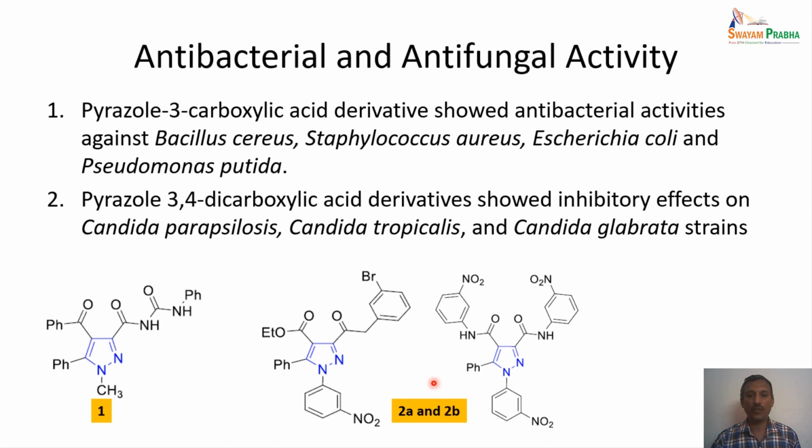The compounds which are 3,4-dicarboxylic acid derivatives, as shown here in 2A and 2B, have the carboxylic acid groups present at the 3 and 4 positions. They show an inhibitory effect on Candida species. Various Candida strains are acted against by the antifungal activity of these kinds of compounds.